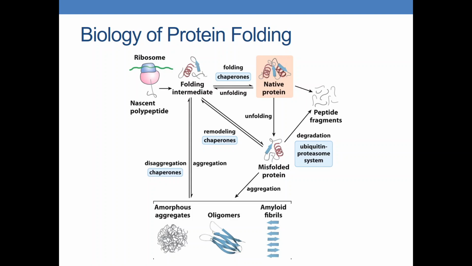You have interactions that can form, but they can also unform, and this is a reversible process. So to go from the folding intermediate to the native state, that in most cases is a reversible process that, if stressed in some way or another, then the native protein can readily unfold back to that intermediate state. So ideally, what would happen is your nascent polypeptide would start adopting folding intermediates, would start sampling different conformations, where hopefully one of those conformations is going to lead to the lowest energy native state.